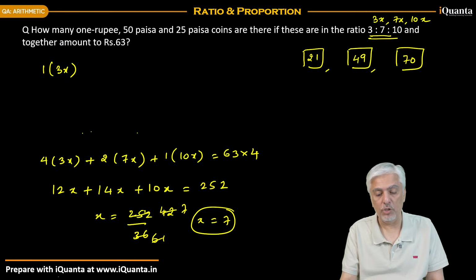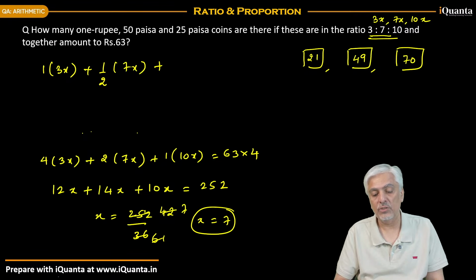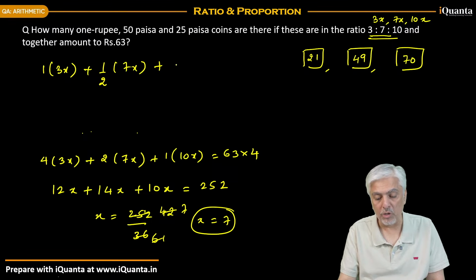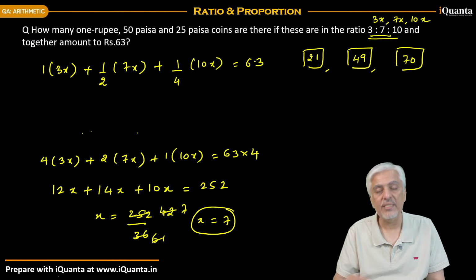So half into 7x, and 25 paisa means 1/4 of a rupee. So 1/4 into 10x. This is equal to 63 rupees.